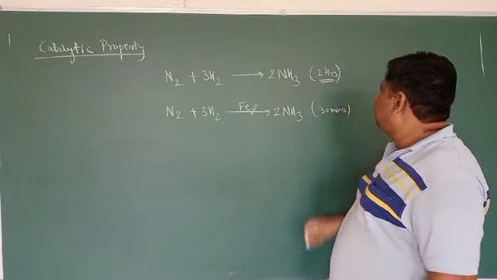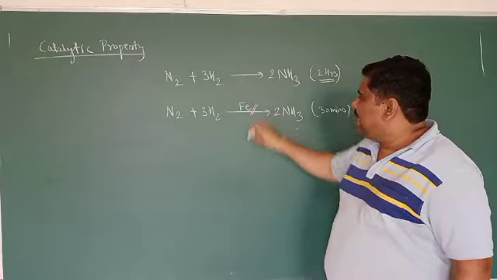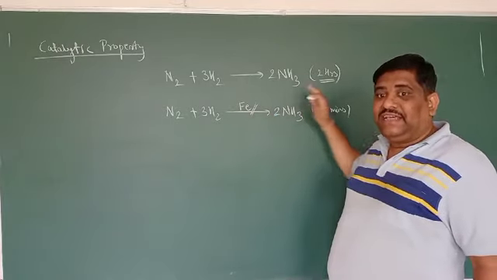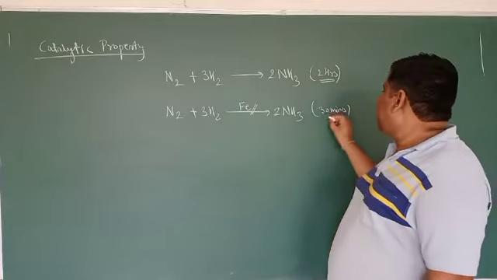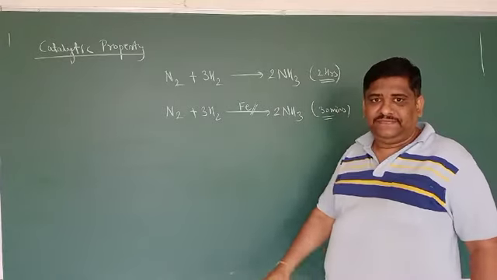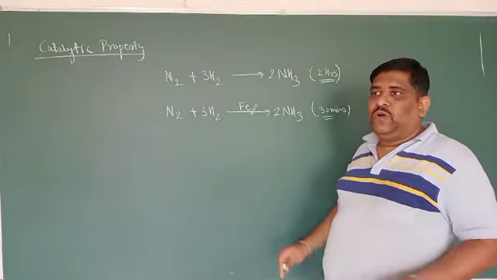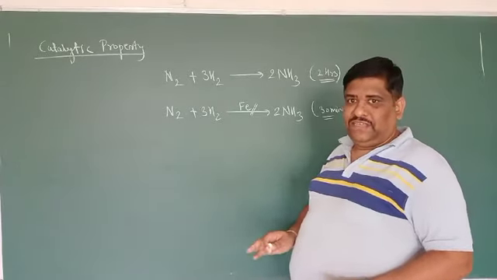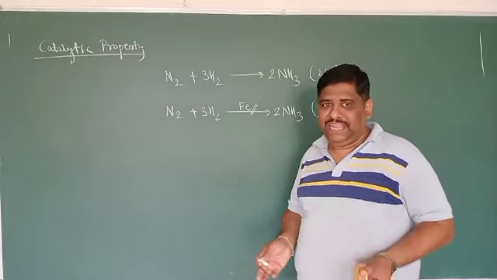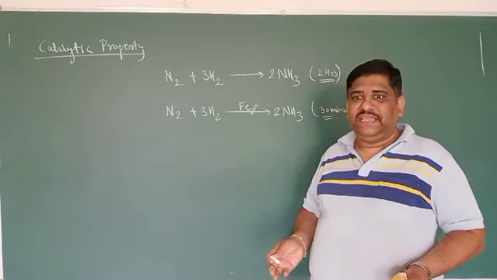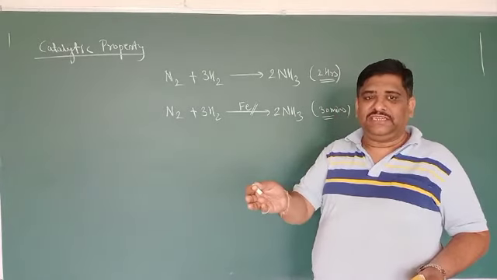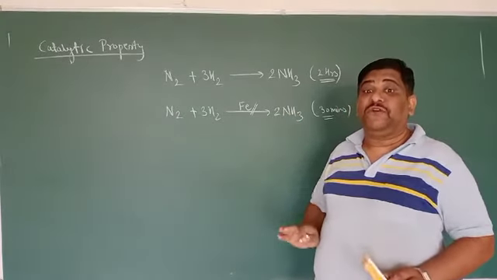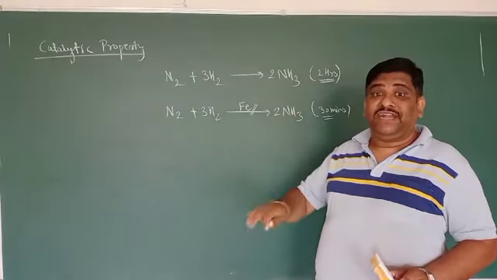So you can see here, this is the catalyst. It is increasing the rate of the reaction. That's why the reaction gets completed early. So what do we mean by a catalyst? Catalysts are the species which alter the rate of the reaction, meaning they can increase or decrease the rate of the reaction without affecting the products.